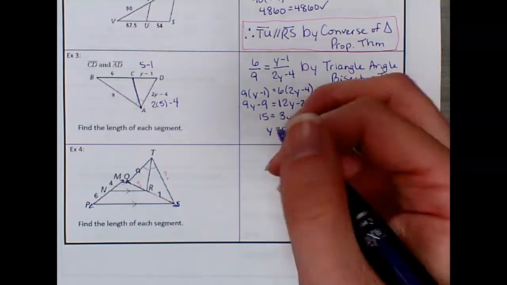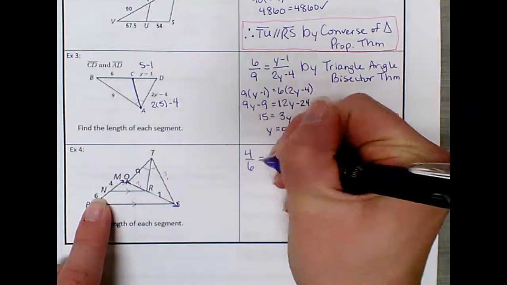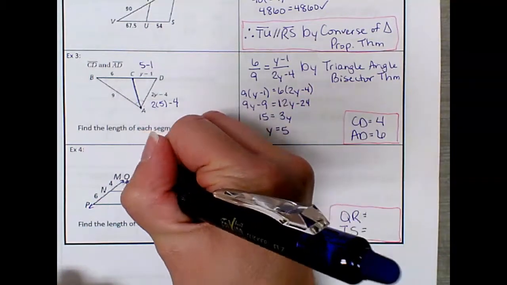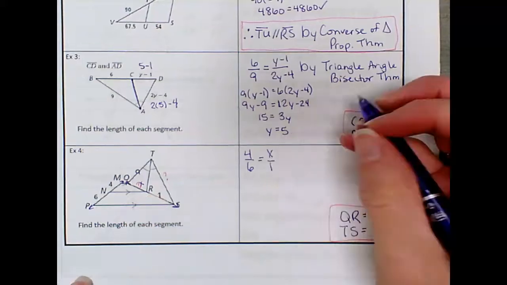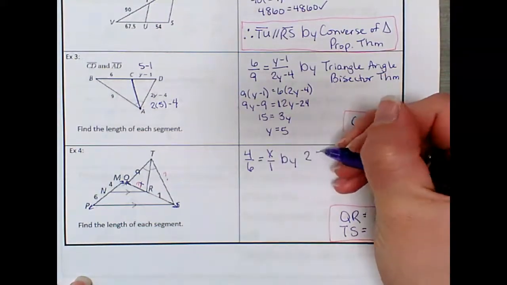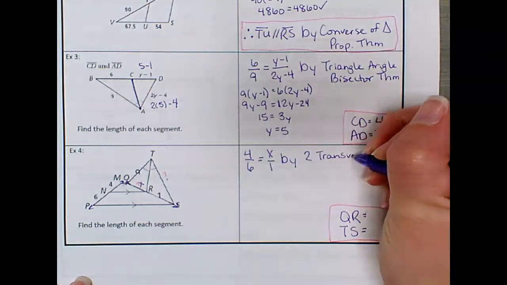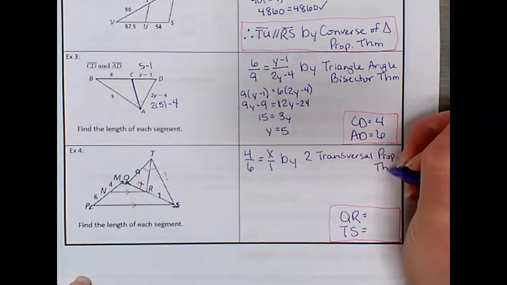So I can create a proportion of 4 over 6. And that should be equal to, we'll give this a variable x, so x over 1. And this is by the two transversal proportionality theorem.